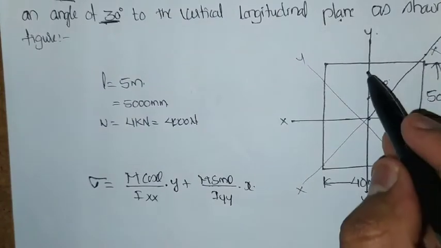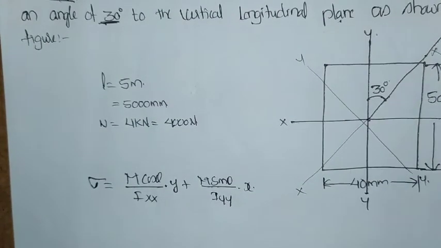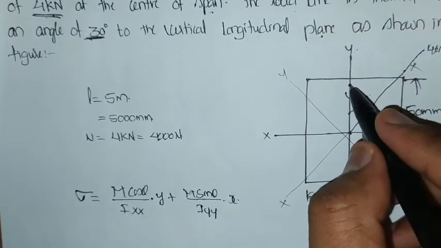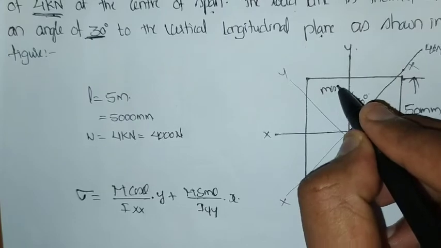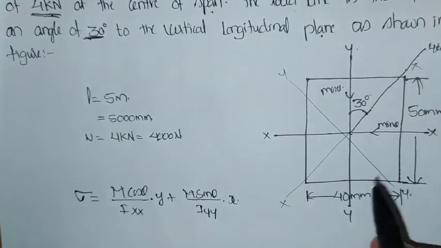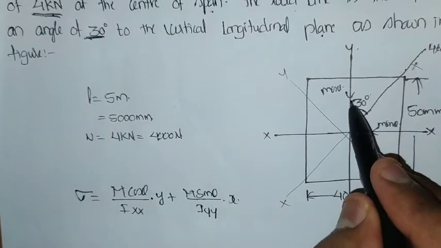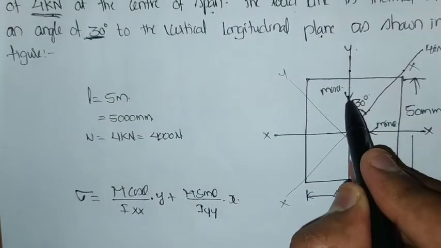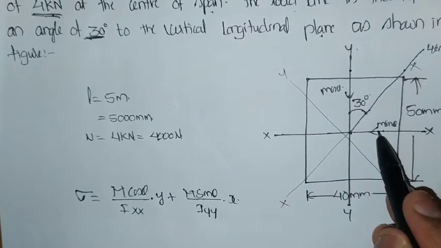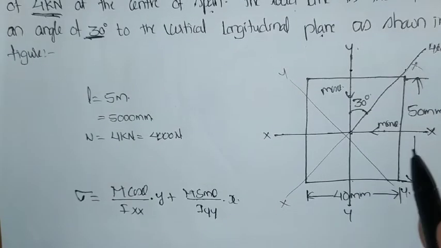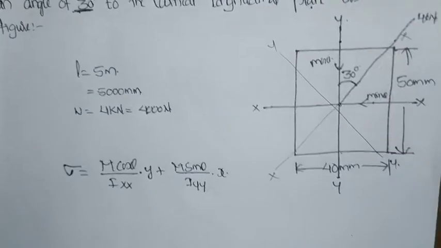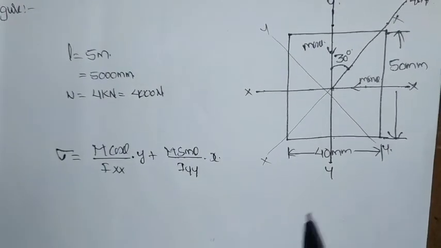Here we are going to get M cos theta, and here M sin theta, as this is a symmetrical section. So the M cos theta component of the load is resisted by the section Ixx, and similarly the M sin theta component is resisted by Iyy, with respect to x. So like this we have to frame the equation, for a symmetrical section.